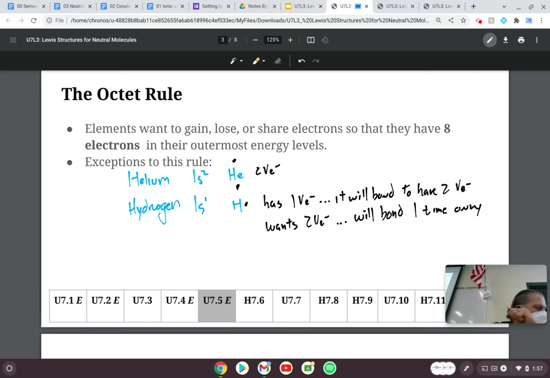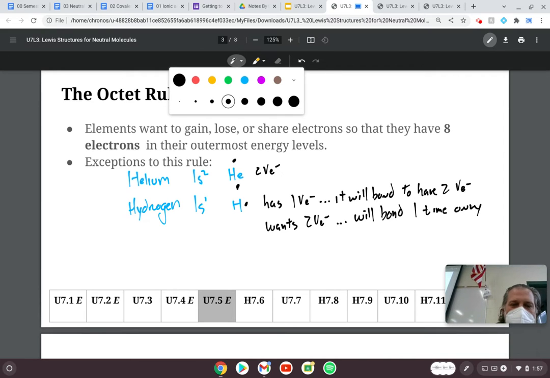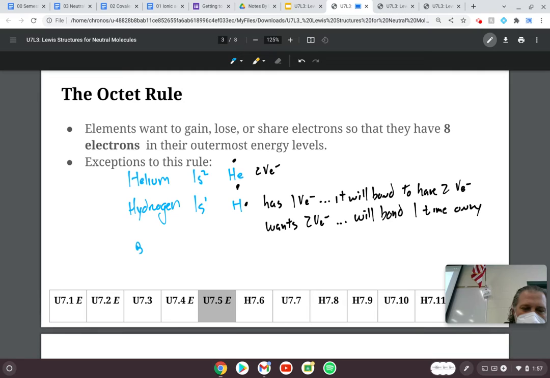The next one we should talk about is beryllium. Its electron configuration is 1s2, 2s2. And what that tells us is that beryllium looks something like this, right?